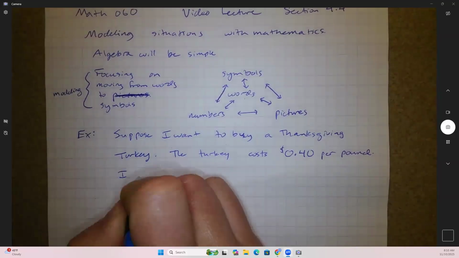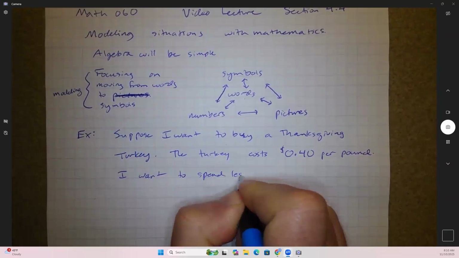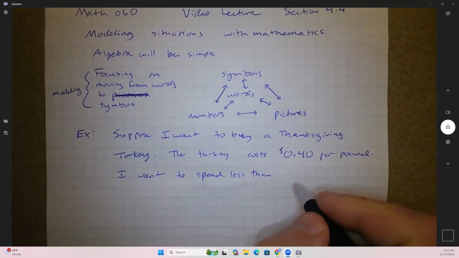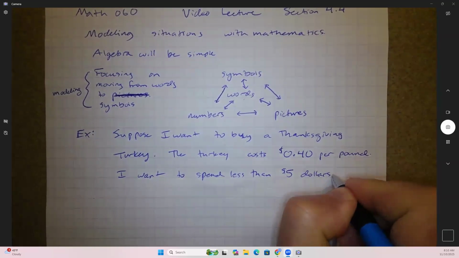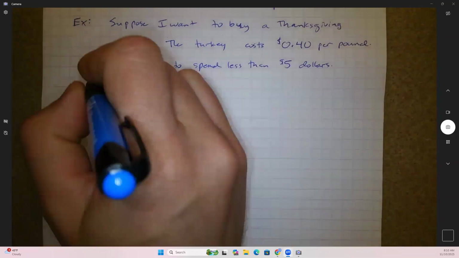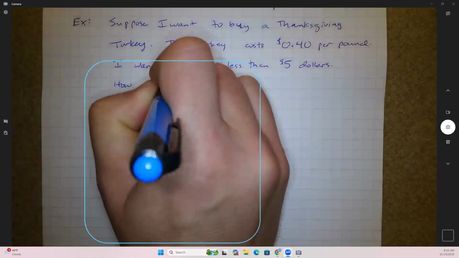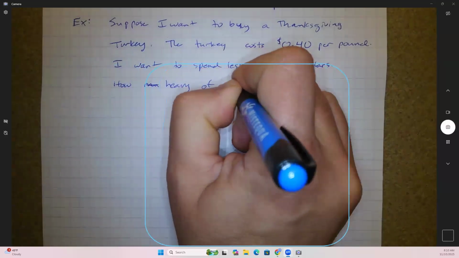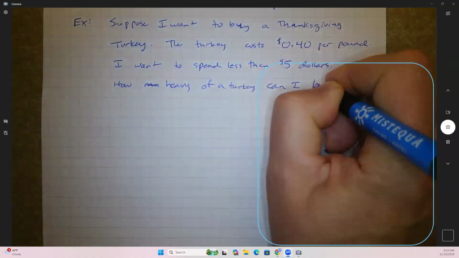I want to spend less than $5. How heavy of a turkey can I buy?